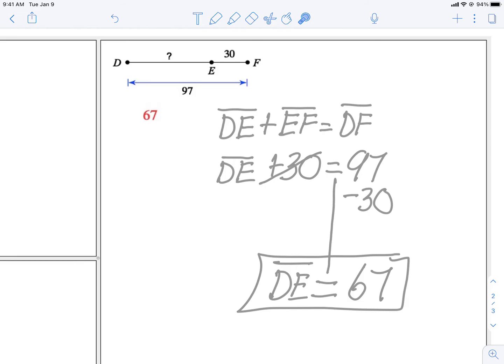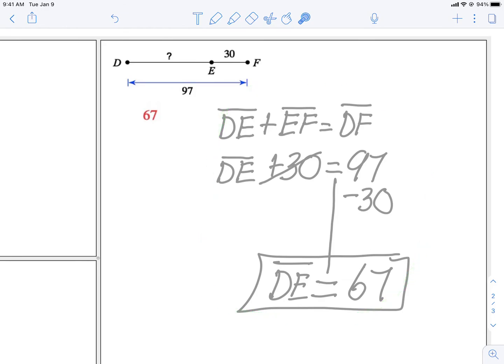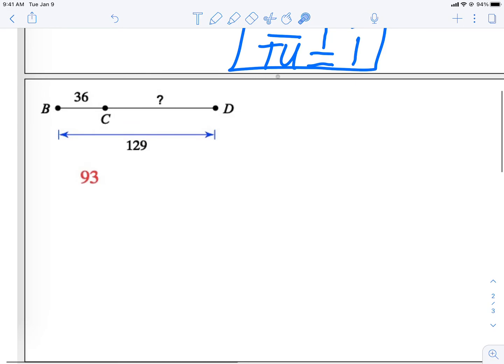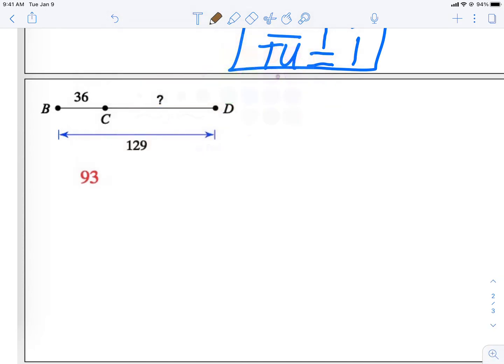Perfect setup. Remember, you must set up everything to get full credit for your assignment. Okay. Finally, one more example here. Let's set it up. Different letters, same strategy, right? So our first short segment goes from B to C. Let's change color here. Let's go with brown.